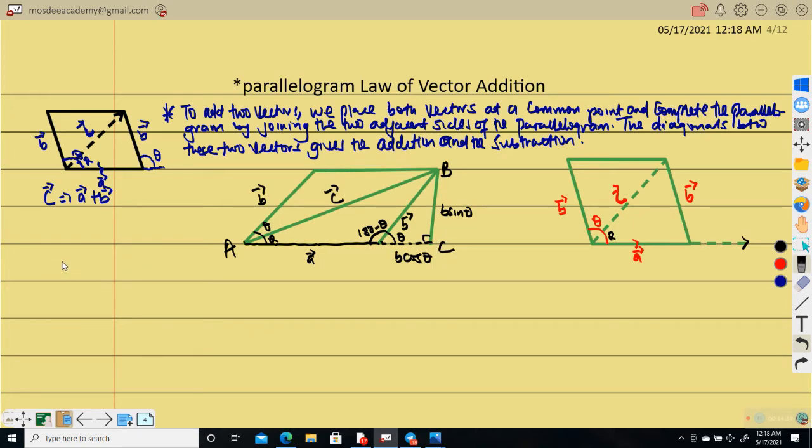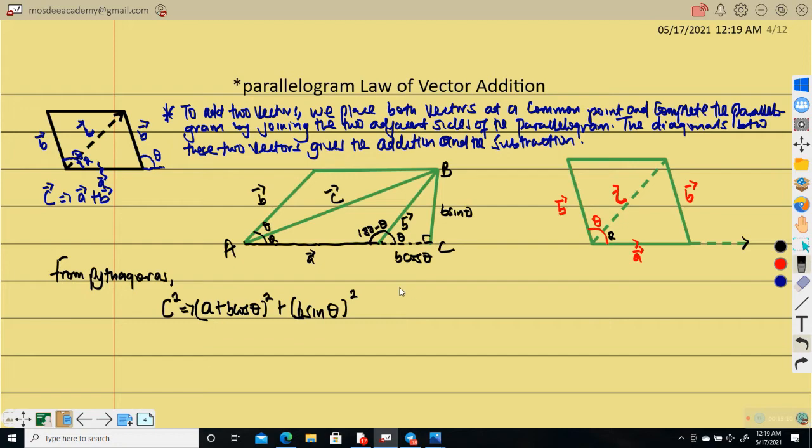Now I can say from Pythagoras theorem, I'll be fast because the time allotted for this is almost over. From Pythagoras, I can say C squared is equal to, I'm taking the whole triangle now, C squared is equal to A plus, because the distance from here to here is A plus B cos theta, so (A plus B cos theta) all squared, then plus here is (B sin theta) all squared.